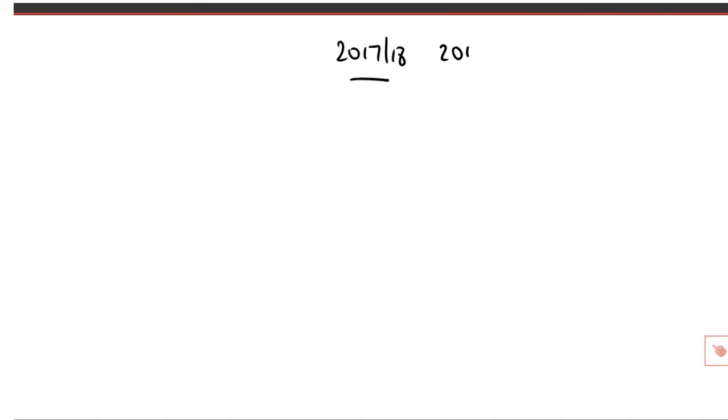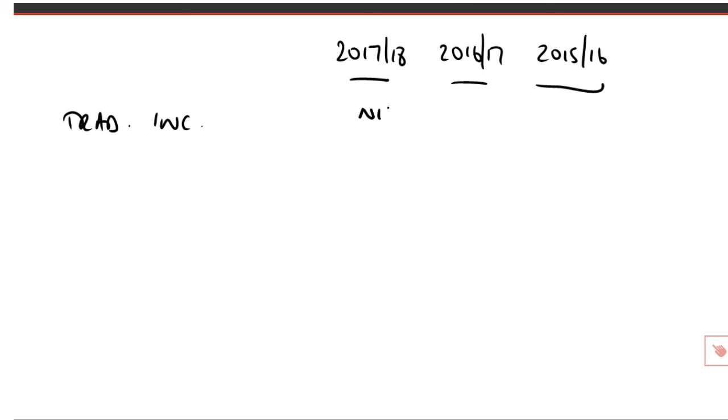We've then got information for 2016-17 and 2015-16. Our trading income figures for these years, nil. We had the loss in the final year. We then had 20,000, as we've just said, assessed in 16-17 and 40,000 in 15-16.